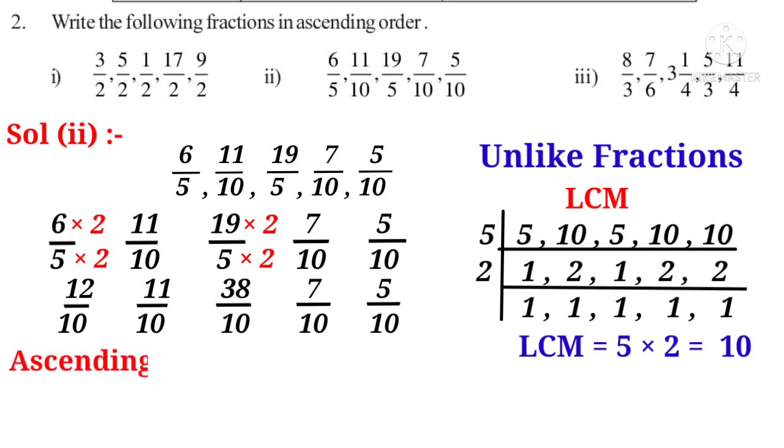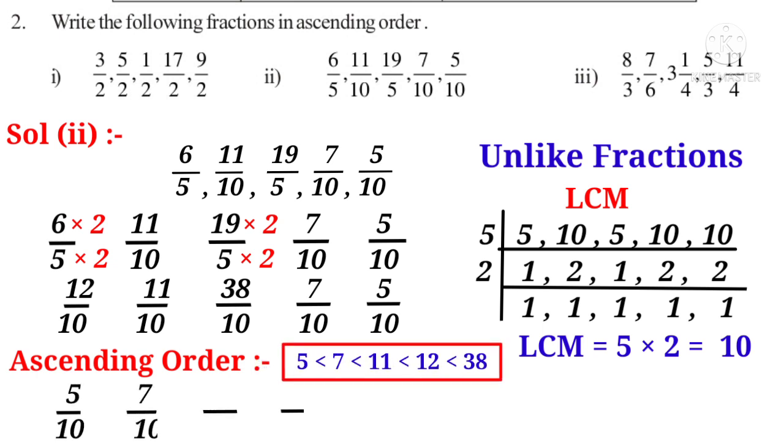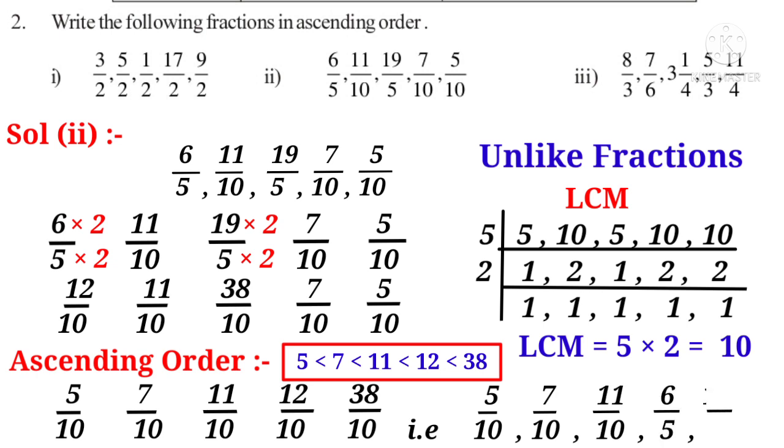So the ascending order is writing the numerators in ascending order, that is 5 by 10, 7 by 10, 11 by 10, 12 by 10, 38 by 10. That is 5 by 10, 7 by 10, 11 by 10, 6 by 5 and 19 by 5.